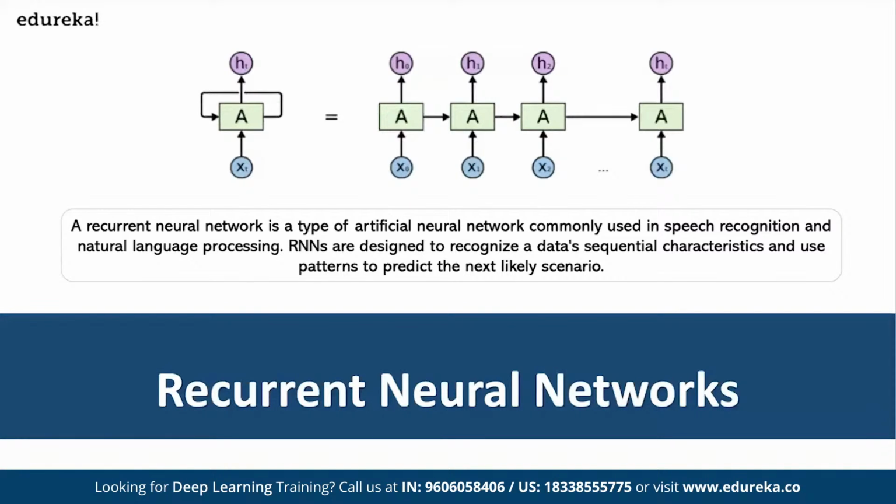Okay, so that means not only do we need to remember what my current input is, but also what has happened in the past. This kind of ability while processing text data is given by the recurrent neural network.